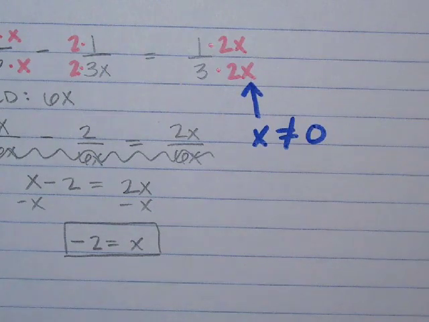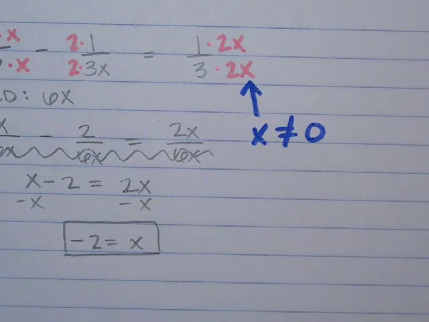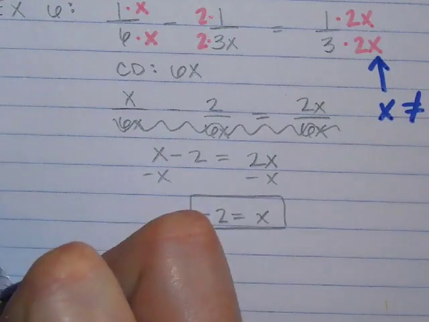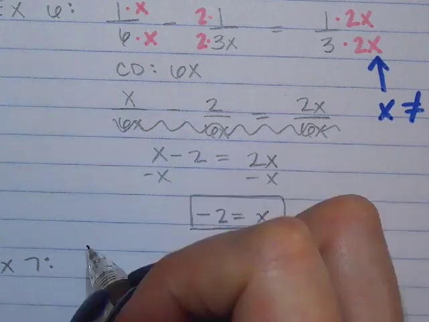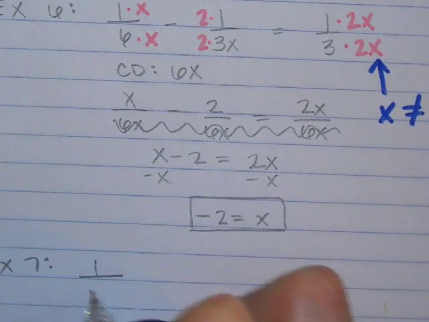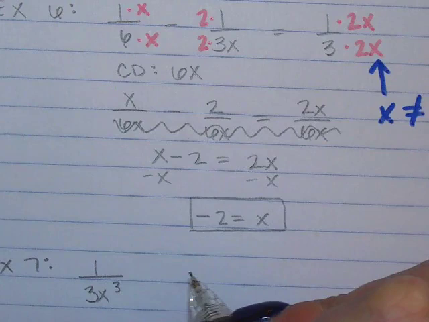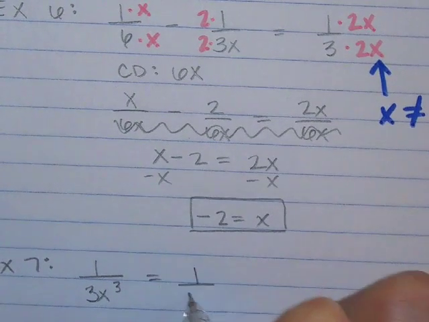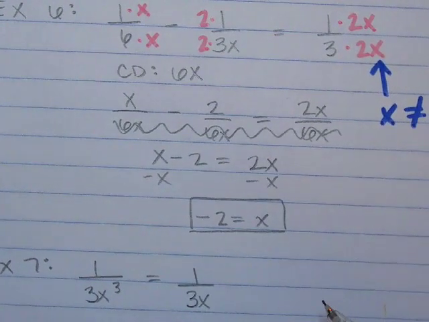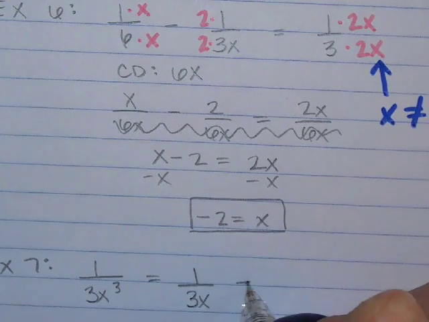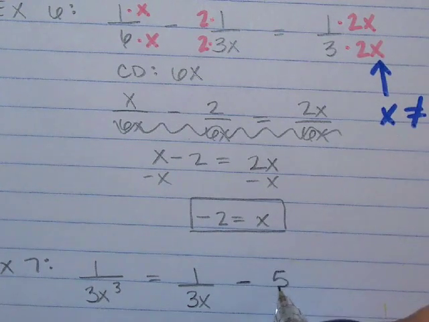Okay, well, let's try another one. One over 3x to the third equals 1 over 3x minus 5 over x squared.